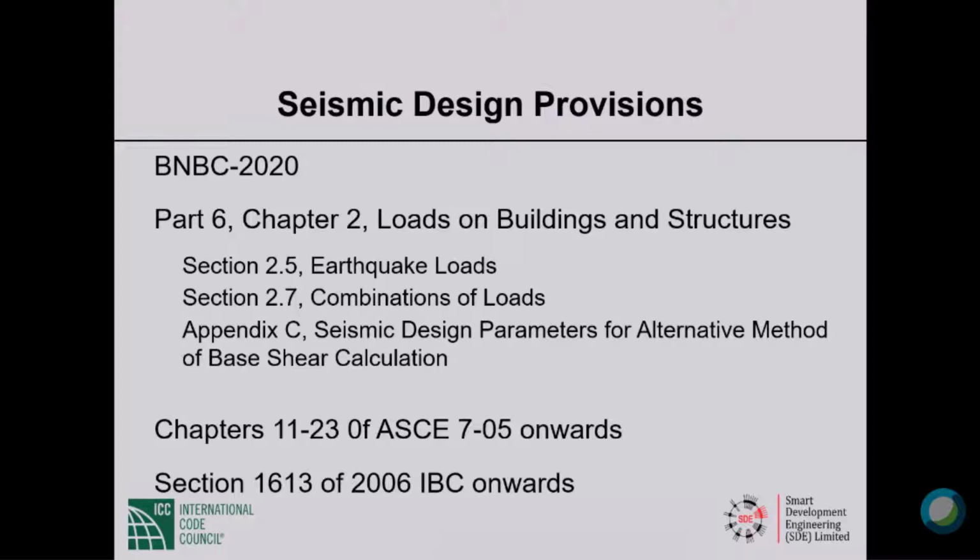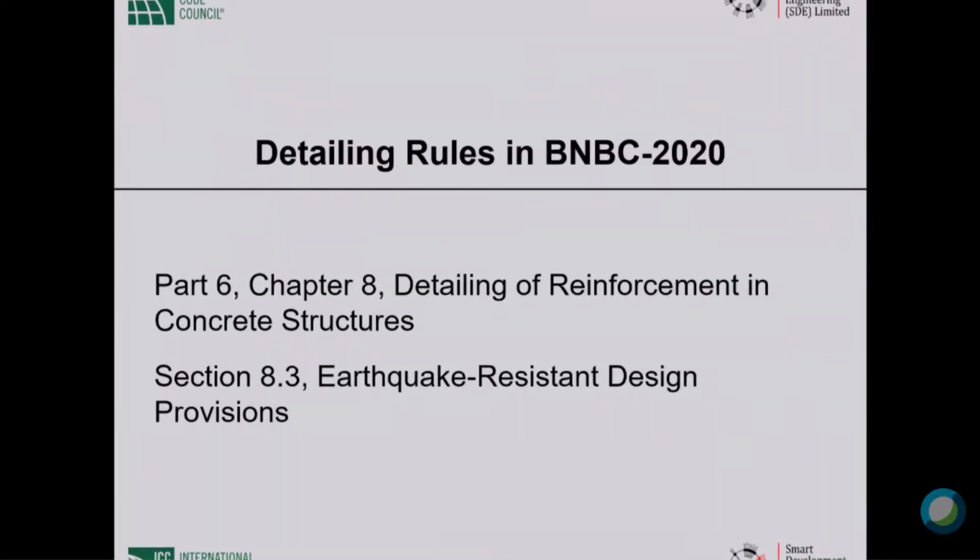ASCE 7 seismic design provisions are adopted by the International Building Code, and ASCE 7-05 was adopted by the 2006 edition of the International Building Code, and the seismic design provisions are in Section 1613 of that code. I have refrained from making too many references to the IBC, but there are a couple that will come up.